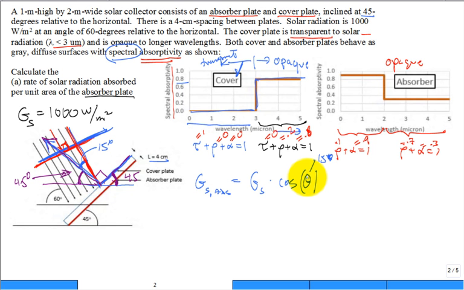And the cosine of 15 degrees is close to 100%. Yeah, 0.966. So it could be that you have 1,000 watts per meter squared, and if everything would go through the cover plate and be absorbed, then you would have 966 watts per meter squared. But not all of it's transmitted, and of that's transmitted, not all of it's absorbed.